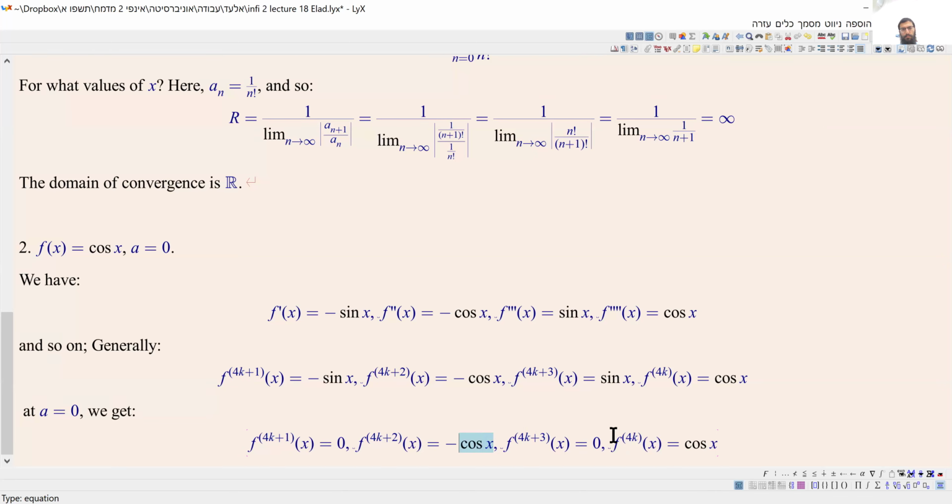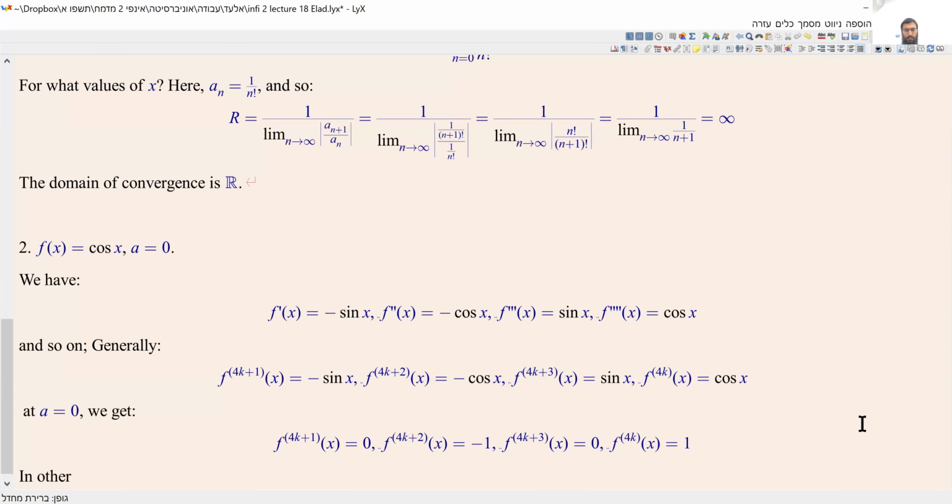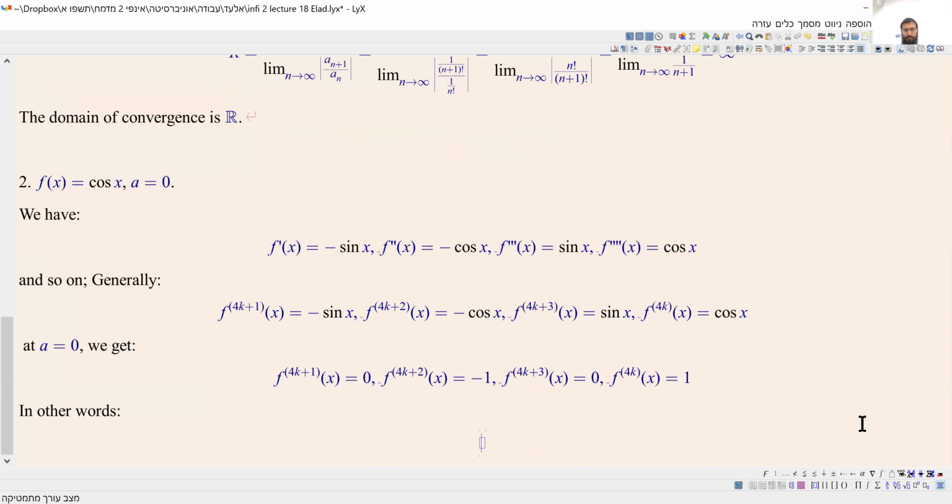It's minus 1 at 2, 6, 10, etc. And it is 1 at 0, 4, 8, etc. In other words, the derivatives of odd order are just 0, while the derivatives of even orders are minus 1 and 1 alternately. It's 1, minus 1, it's 1, minus 1.